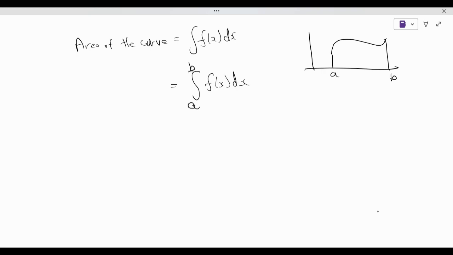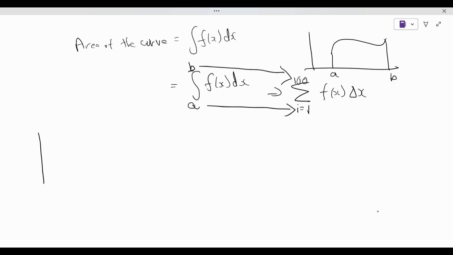In the previous formula, this was taken care of by i equals 1 to 100, f of x, delta x. Delta x or dx, both are right. Now, B takes care of this ending point. A takes care of this starting point. So, this is the meaning of the limits.